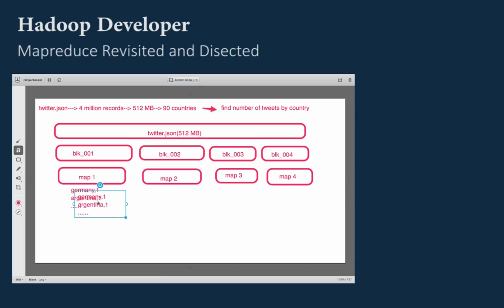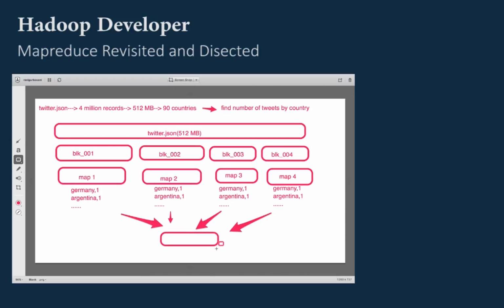So we have output from all the 4 mappers, and that's where we'll introduce a shuffle. So we have one reducer or one reduce phase where all the data would get there, and there'll be 4 million records. This phase is the shuffle phase.